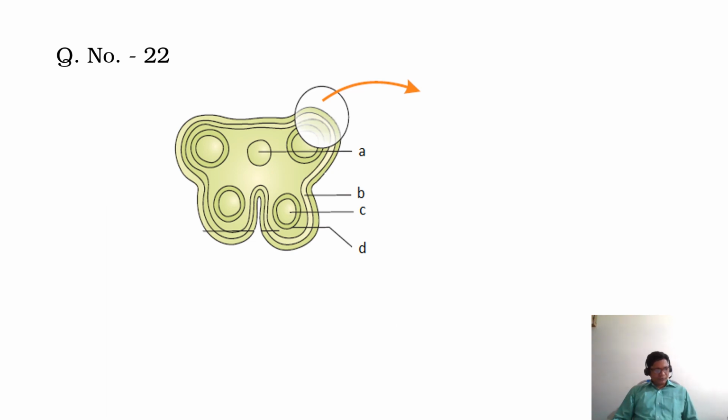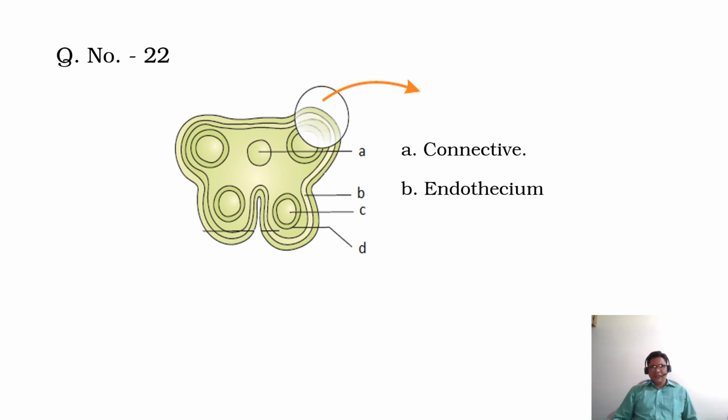C, 4. D. In this diagram, they are given A, B, C, D. We need to find what the parts are. A represents the connective, which connects the two anther lobes.